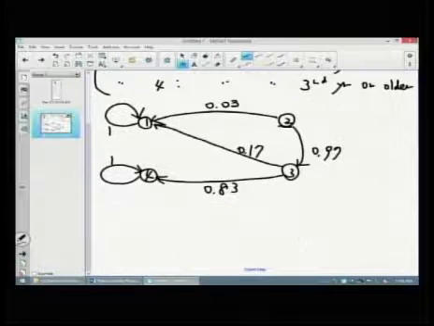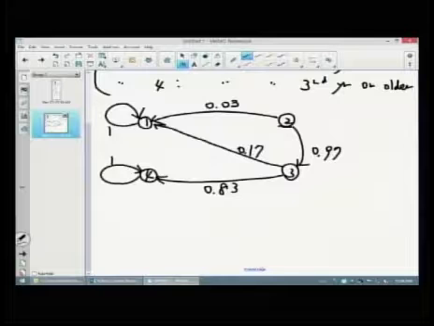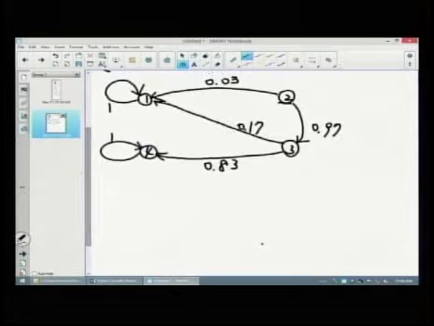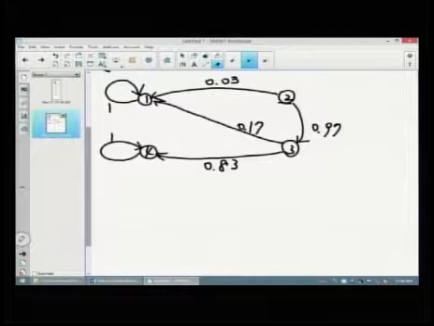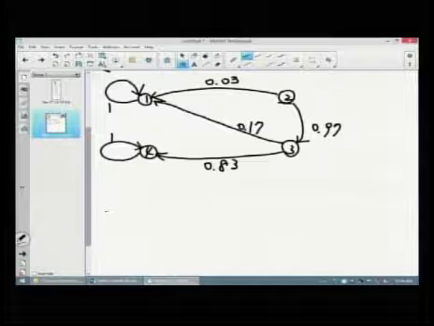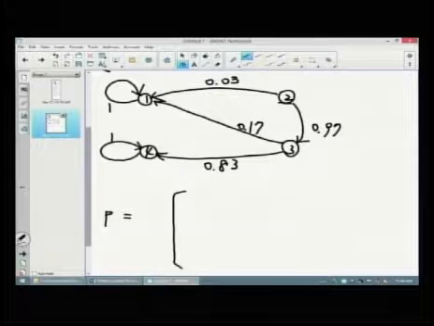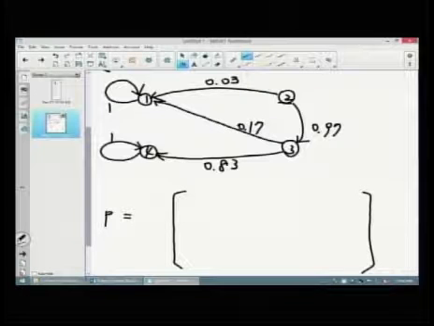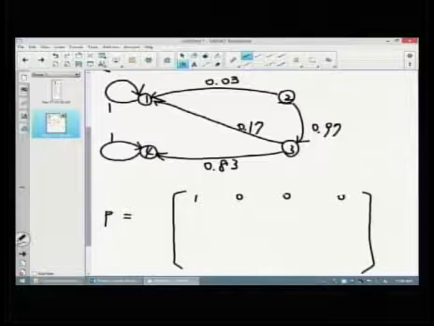Okay, so based on that, let's have a transition probability matrix. So we have a 4x4 matrix, right? We have 1, 0, 0, 0.